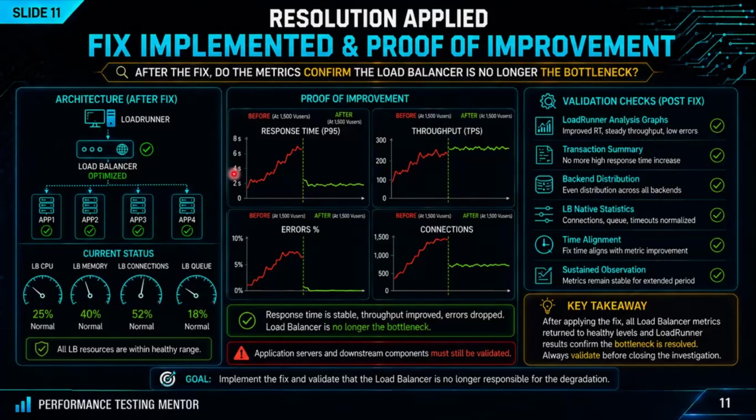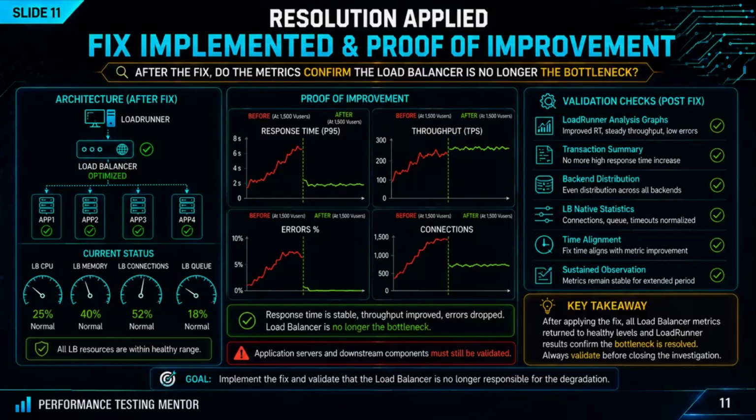So I run a comparable LoadRunner test again and compare backend traffic distribution, App4 response time, overall response time, transaction performance, and errors. If the App4 hotspot disappears and the previous response time degradation is also resolved, I now have strong evidence that the corrective action addressed the problem.